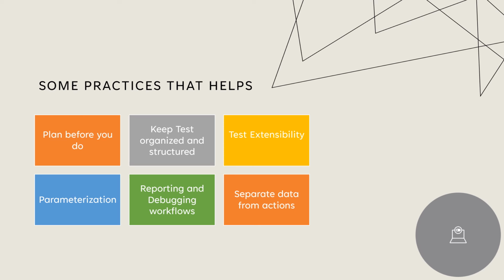If you are clear on those parts, then once you are going to do the performance testing, there are a couple of steps and practices that will make life much easier. The first point is that you have to plan before you do. You have to find out all the necessary information, such as the acceptance criteria, which protocols are being used, what the input requests are, and what data needs to be shared.